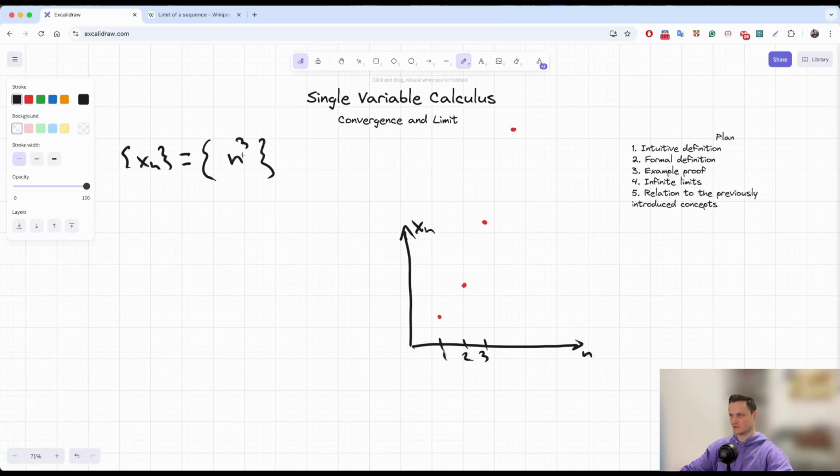For example, the sequence n cube, which begins with 1, 8, 27, and so on, grows beyond any bound, and we can say that its limit is infinity when n tends to infinity. So with the increase of the index, the value of the sequence element increases to infinity. Hence, when a sequence fails to converge to a finite number, it is called divergent, either because no limit exists or because the limit is infinite.